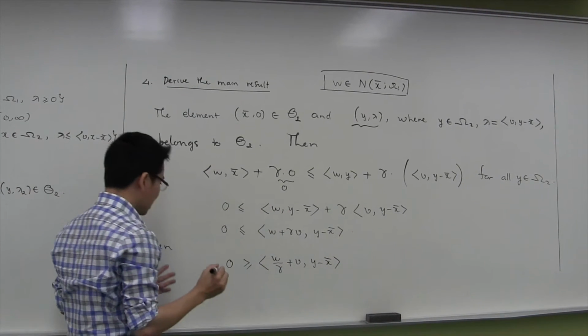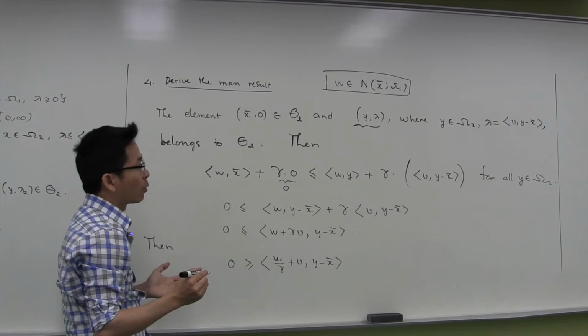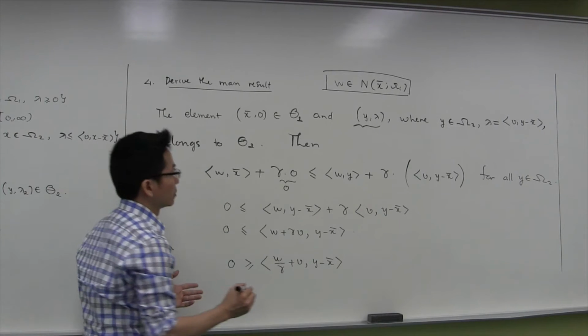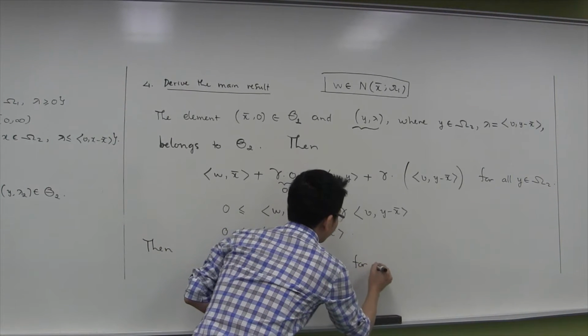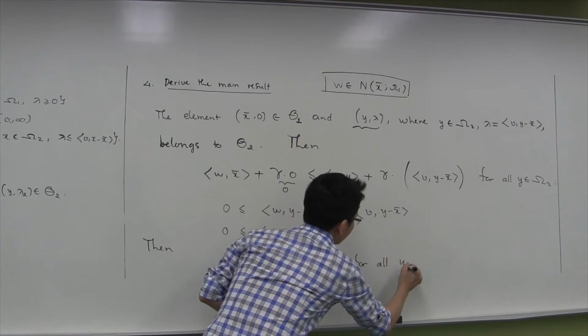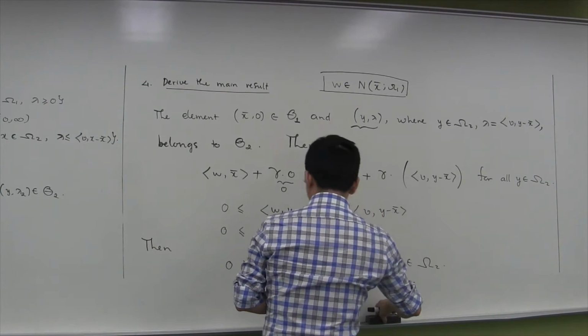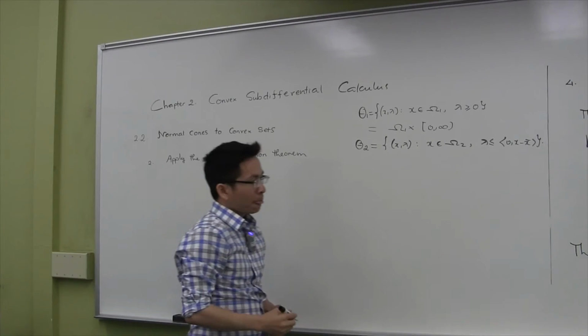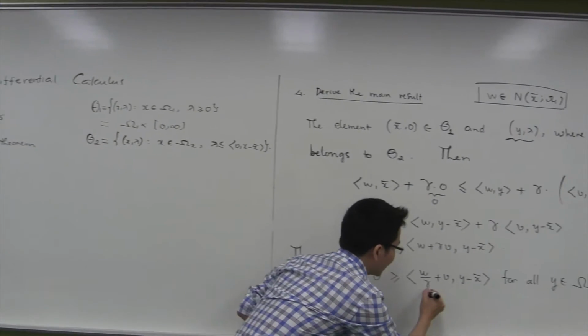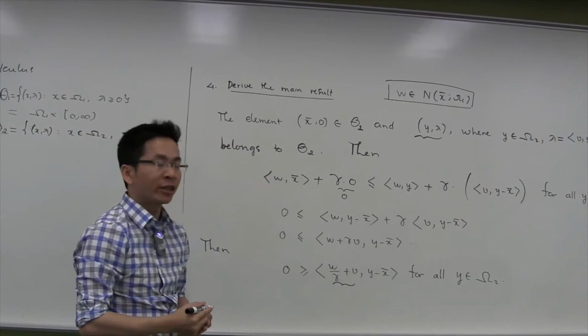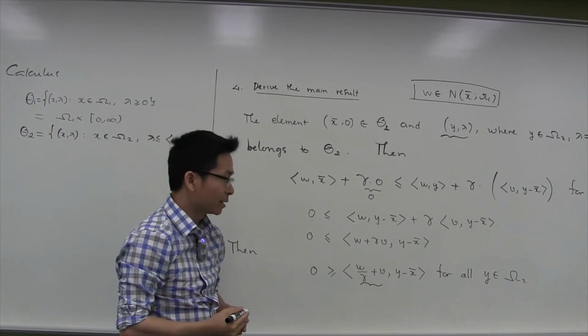And note that this is true for all y in omega 2. Okay. Now we can apply the definition of the normal cone to convex sets again to have the following.